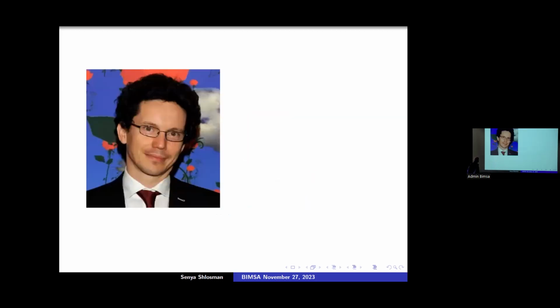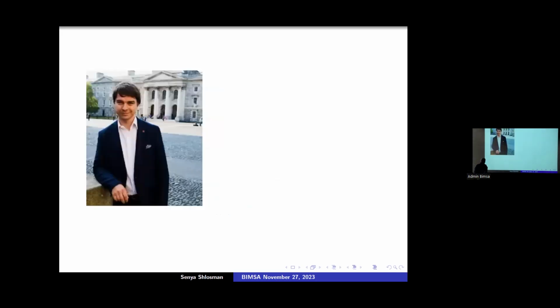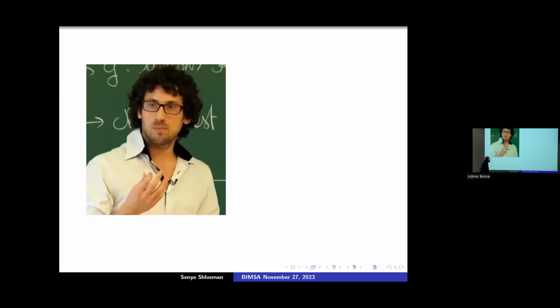This is Wendelin Werner. This is Stanislav Smirnov. And this is Hugo Duminil-Copin. Those three people got the Fields Medal quite recently. And all of them were doing research, and the main part of their research was on the Ising model or Ising model related questions.